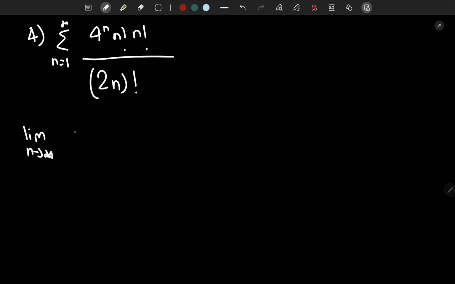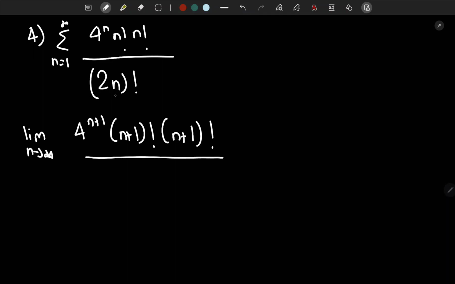We have 4 to the power of n plus 1, (n plus 1) factorial, again (n plus 1) factorial, all over. Now you need to be careful again here. It is going to be (2 times (n plus 1)) factorial.